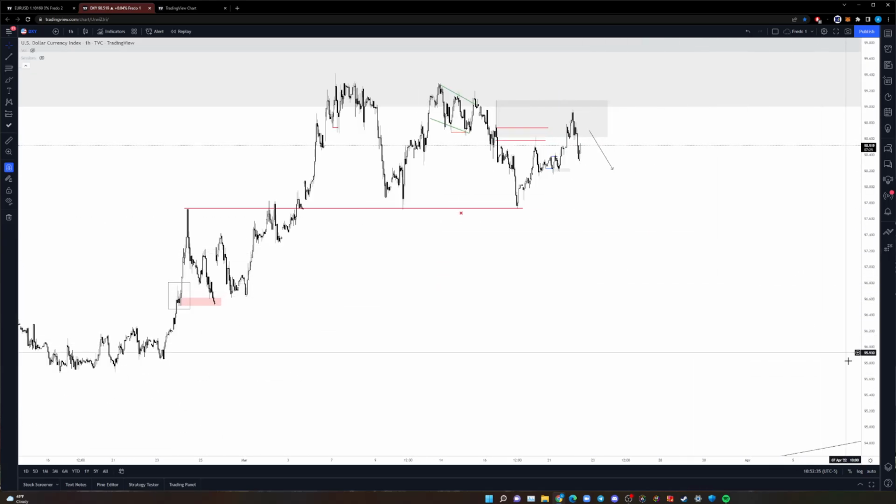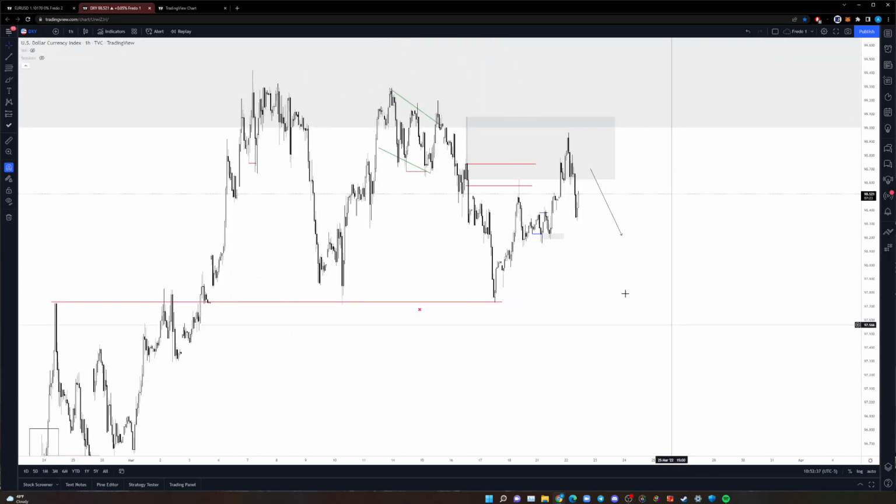I'm still pretty confident in that, especially because this is a very big zone of interest. Relative area of interest, our invalidation is pretty far away.